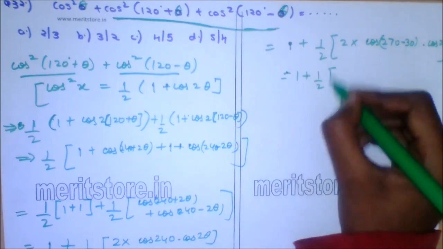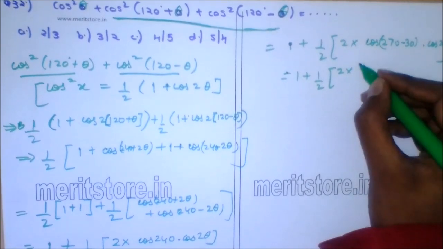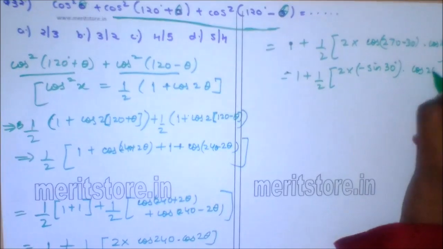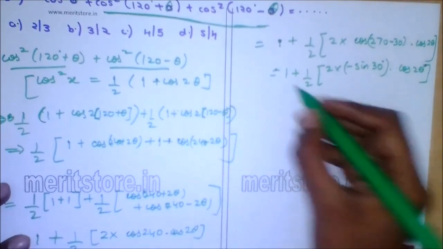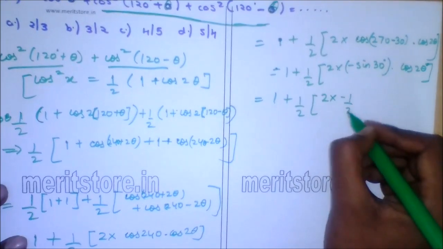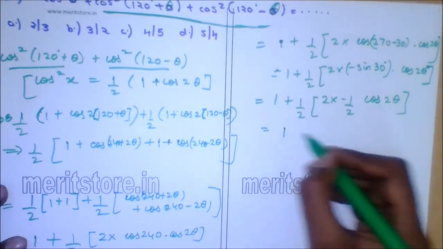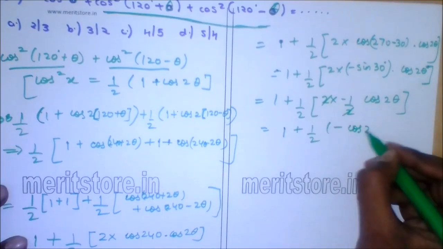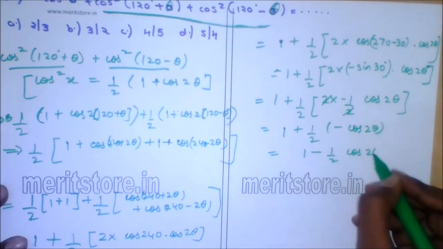Now cos of (270 minus theta) is minus sin theta. So in this case it is minus sin 30 degrees into cos 2 theta, which is equal to 1 plus half into 2 into minus half cos 2 theta. That is 1 plus half, this gets cancelled. So we are left with 1 minus half cos 2 theta.